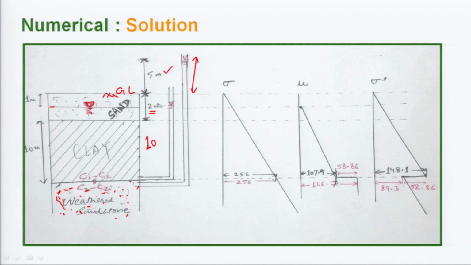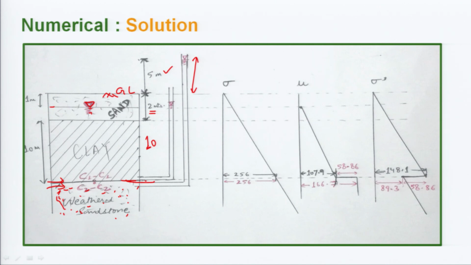Okay. Now, you have to find out the stresses at the bottom of the clay layer and at the top of the sandstone layer. Now, we will be taking a point just above this section, that is the C1 layer, and just below we will be taking that as the C2 layer.